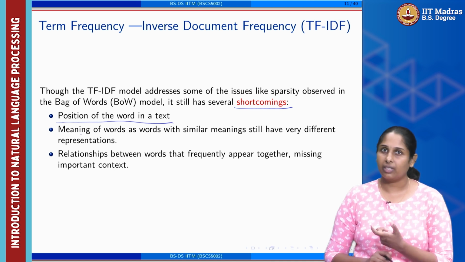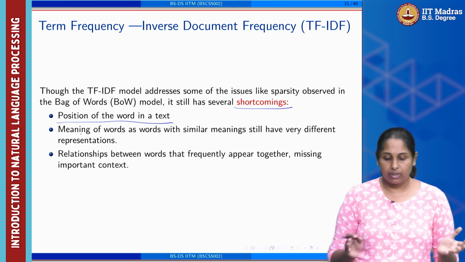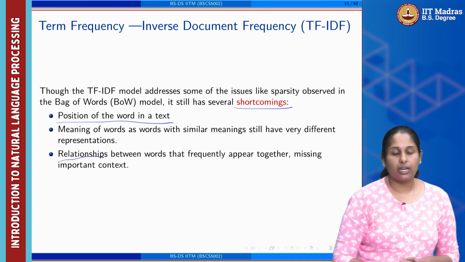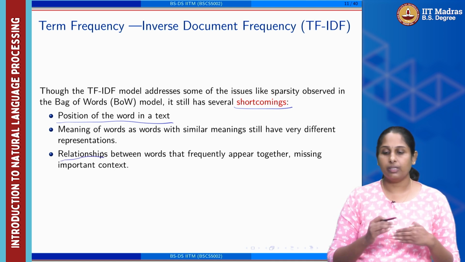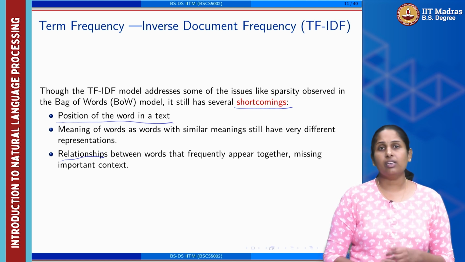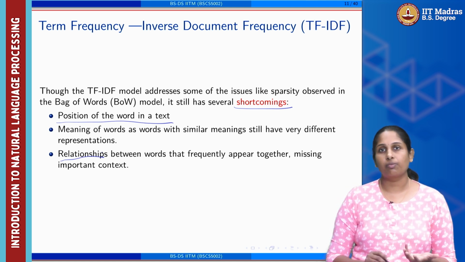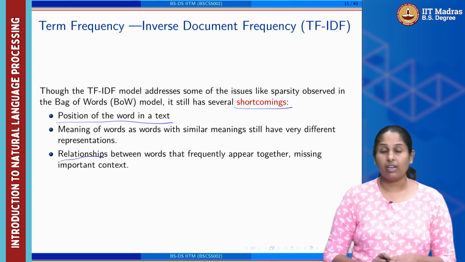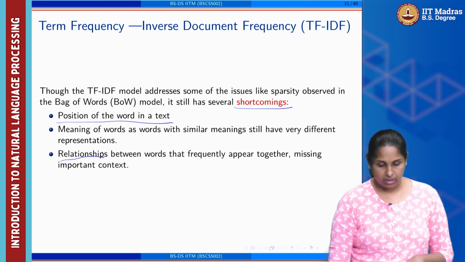Both of them are written in different ways, so definitely they have a different representation. And relationship is another thing, because the relationship between words that frequently occur together will be missed out. There are some words which always occur together, right. So TF-IDF might not work well in such a context.